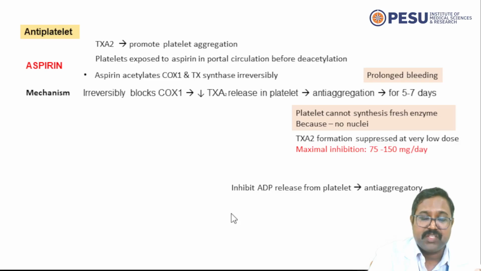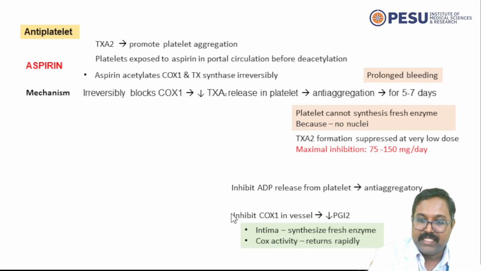An additional action associated with aspirin is that it inhibits the ADP release from the platelet, thereby it produces anti-aggregatory action. It also inhibits the COX-1 enzyme in the vessel, thereby it decreases the prostacyclin activity or release. Since the blood vessel intima can synthesize the fresh enzyme, COX activity will be regained. So aspirin has two major broad actions: it inhibits the thromboxane A2 activity, thereby inhibiting platelet aggregation.